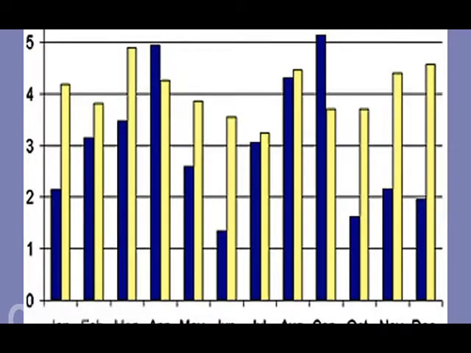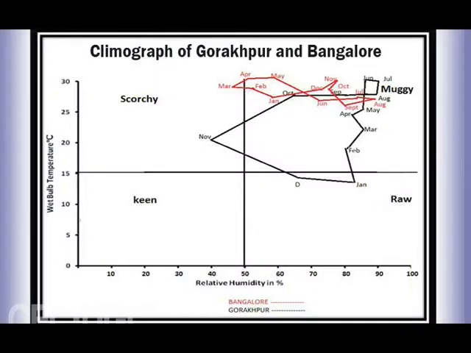Similarly, mark the remaining 11 points: February, March, April, May, etc. Join the points in order to obtain the 12-sided figure, which will be called the climograph for the respective region. Here we have constructed the climograph of Bangalore and Gorakhpur.